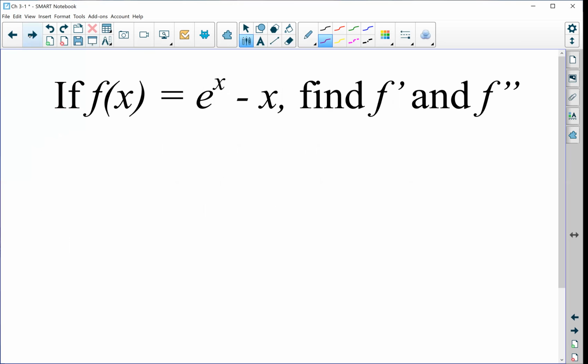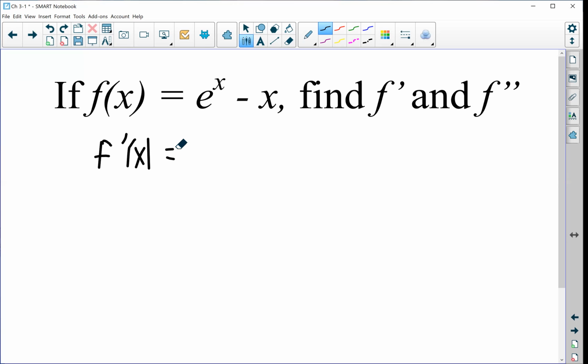So if we have a function e to the x minus x, we're going to find the first derivative and the second derivative. By the way, for the AP exam, it is expected that you will have memorized what e to the 0 power is.